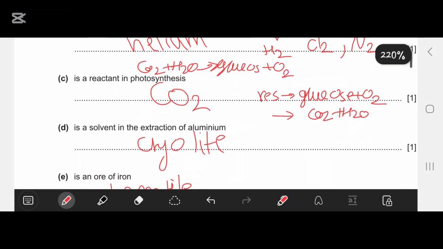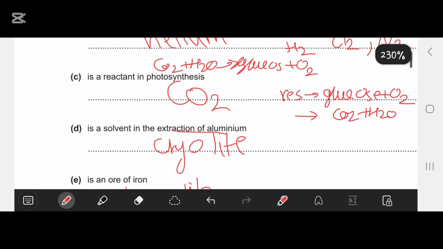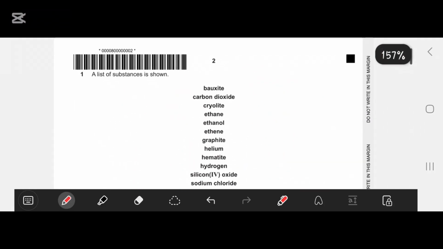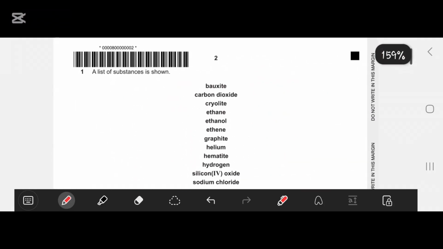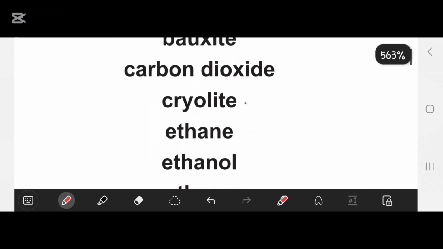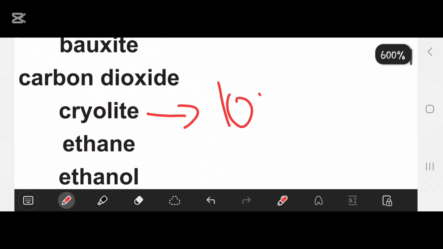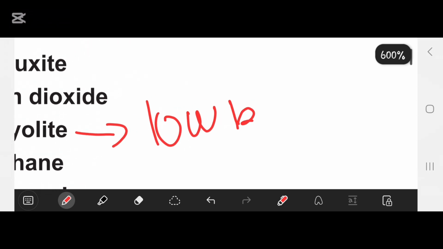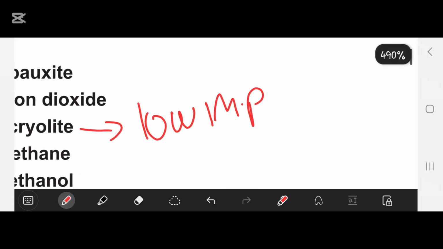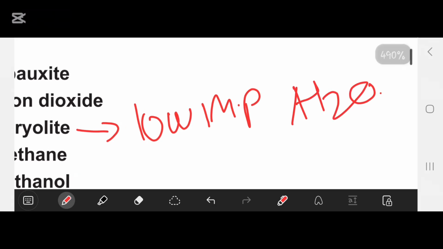Alright, next question is a solvent in the extraction of aluminium. The answer is cryolite. If you look up here, there wouldn't be any other solvent suitable other than cryolite. Why cryolite? Cryolite lowers the melting point of aluminium oxide.